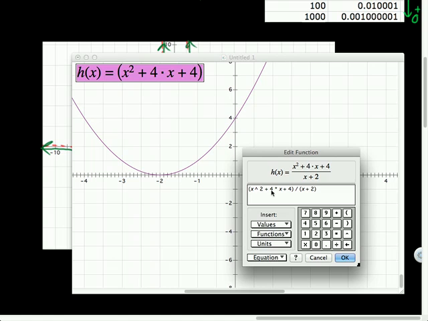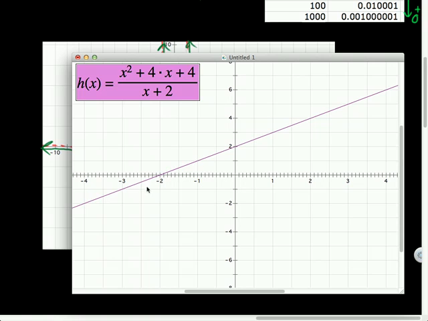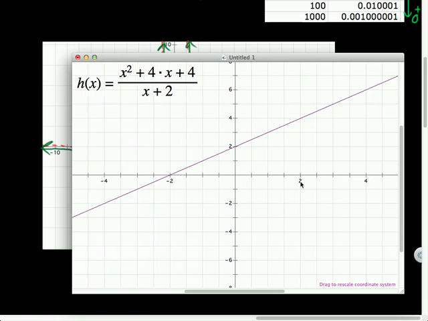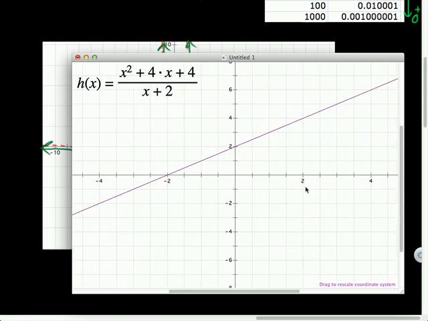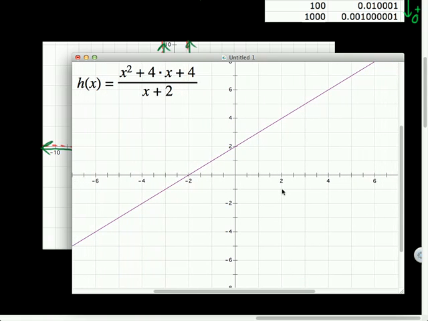So in a sense, I could cancel out one of those x plus 2's, and I'd be left with just one in the numerator, which graphically speaking would look like a line, the line y equals x plus 2. Now, this looks like a regular old line, but if I was to have this mathematically accurately represented, it actually would have a hole in the graph when x is negative 2.